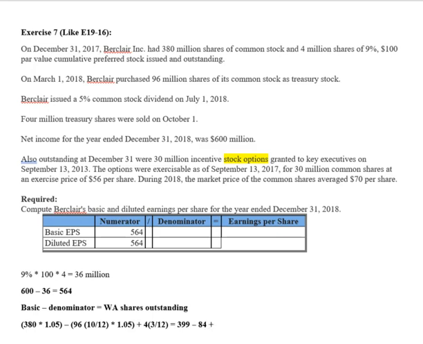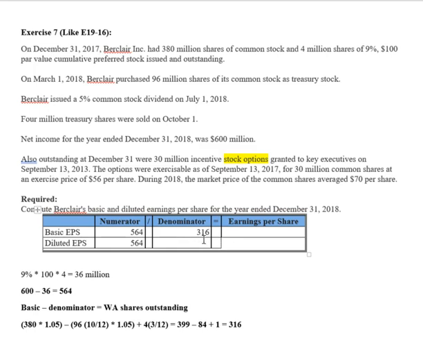Then we're going to take that 4, and we're going to multiply it by 3 twelfths, and that gives us 1. So we're going to take 399 minus 84 plus 1. That gives us 316. That is going to be our basic earnings per share denominator, okay?